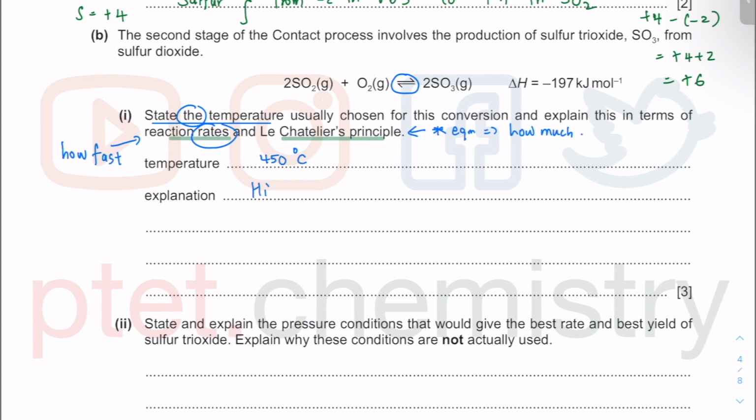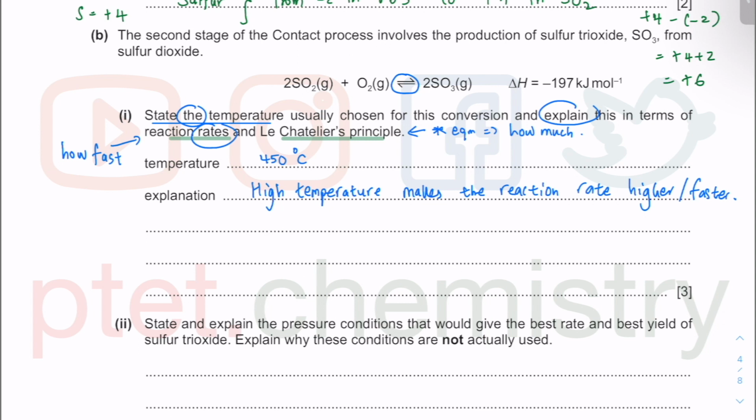So high temperature is required. In fact, high temperature favors a faster rate of reaction. It will make the reaction rate higher or faster. They did say explain, right? So you've got to talk about the Boltzmann distribution. What am I talking about?